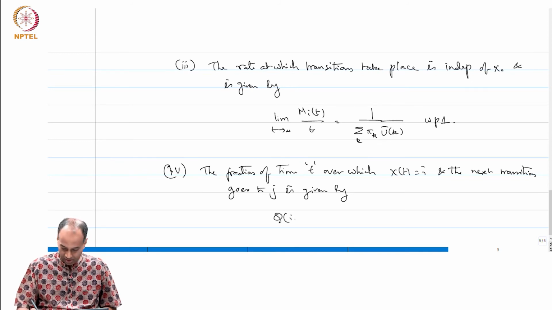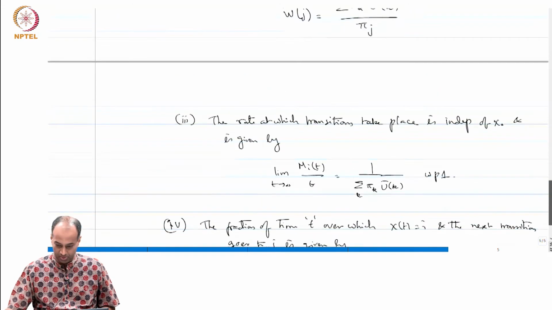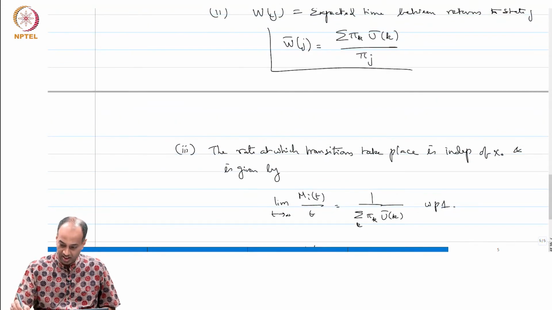Let us call that q_ij. It is given by P_ij of the DTMC times u bar ij over w bar i, and we know the expression for w bar i from that.